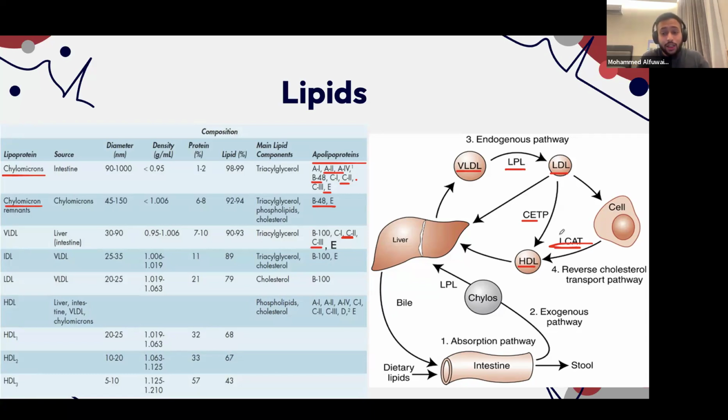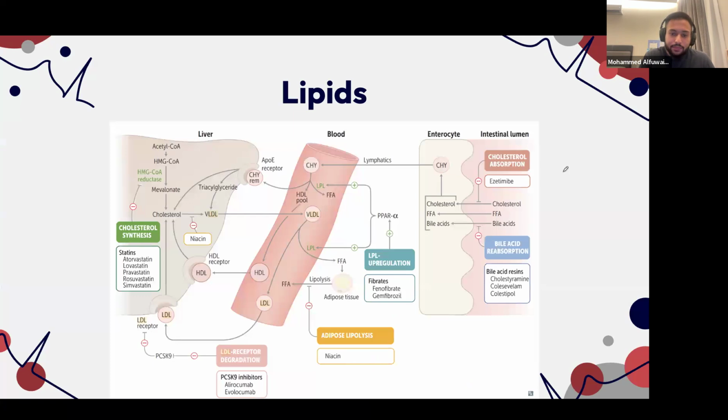If you have low LCAT, this produces less HDL cholesterol, which means more cholesterol will be deposited in cells and tissues. On the opposite side, more CETP is worse because we're going to bring back the cholesterol to produce more LDL at the end. So you want less CETP, basically to produce a positive effect. So this is basically the pathway.